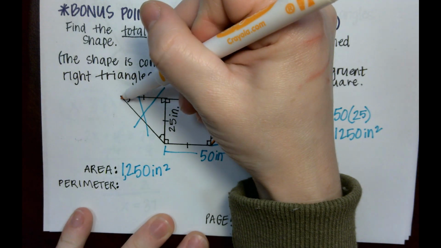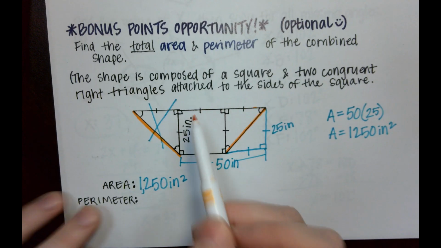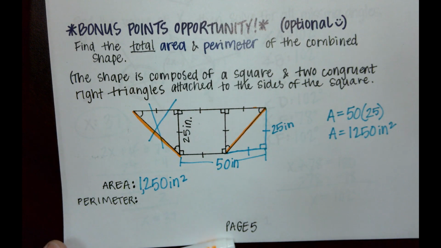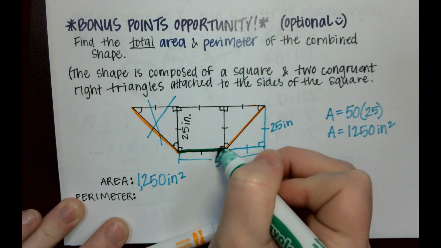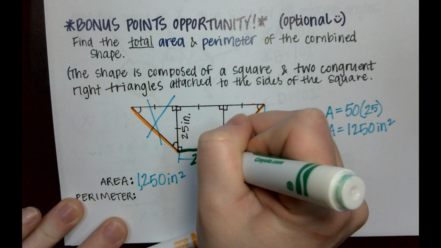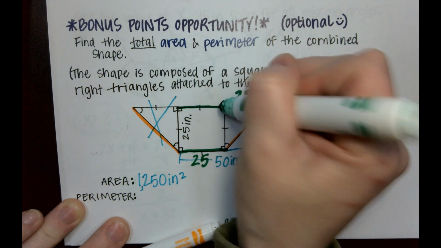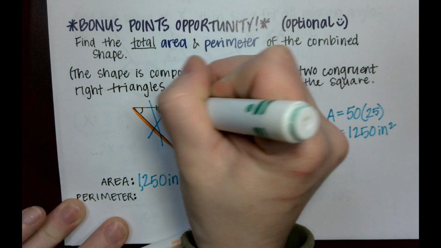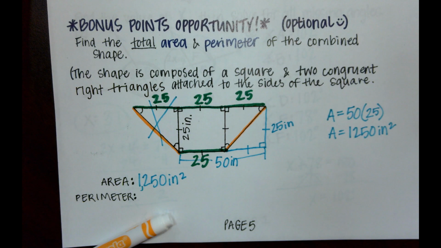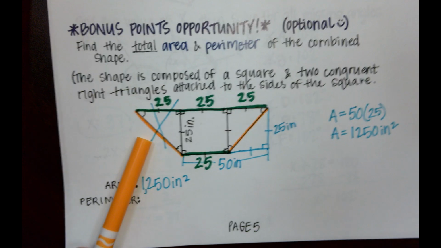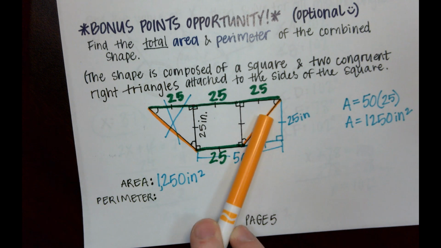So we know all the side lengths for, let's see, I'm going to put in green what we know. We know this outside length is 25. We know this is 25. We know this is 25. We know this is 25. But we don't know the lengths of these orange sides.